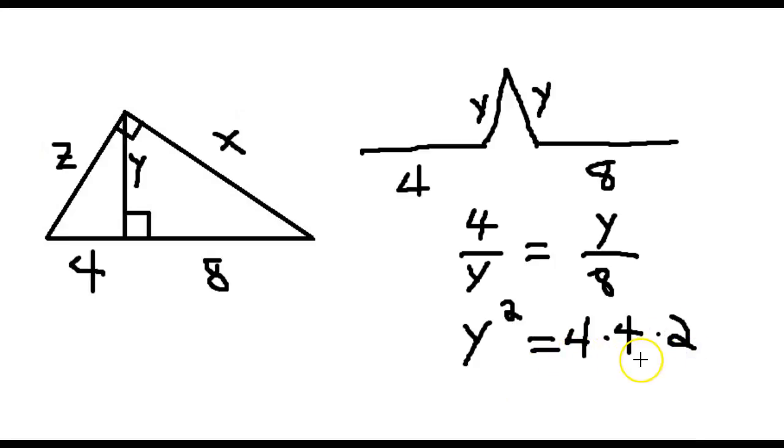So 4 times 4 is 16, so that when we take the square root of this, we're going to have y equals the square root of 16, which is 4, times the square root of 2.